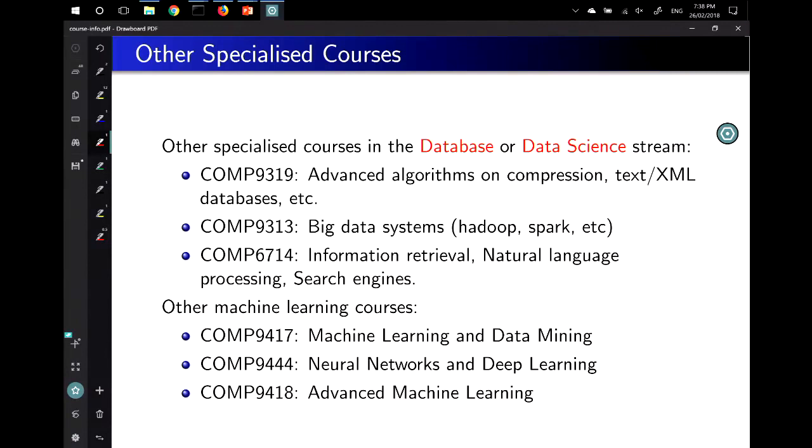I'm also teaching another course next semester. It's called Information Retrieval and the Search Engine. Due to my research, I'm blending natural language processing in there.